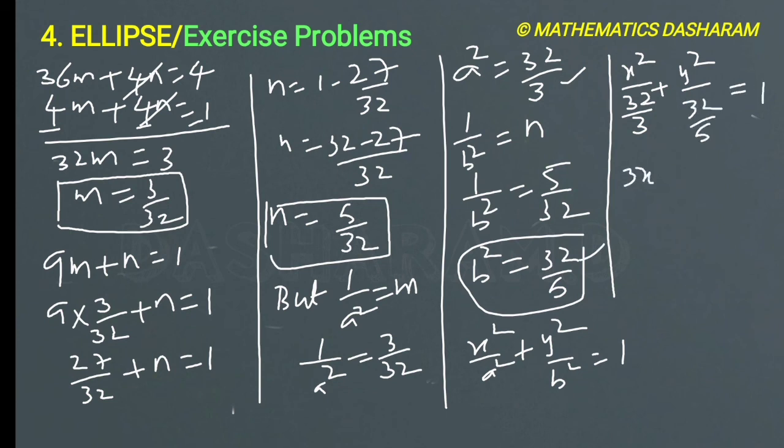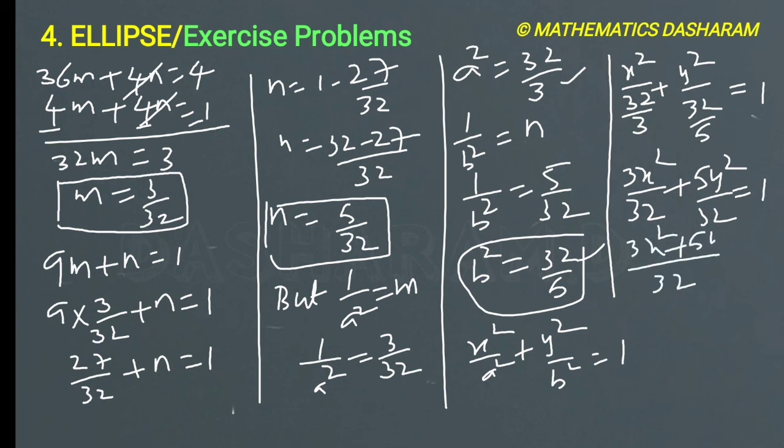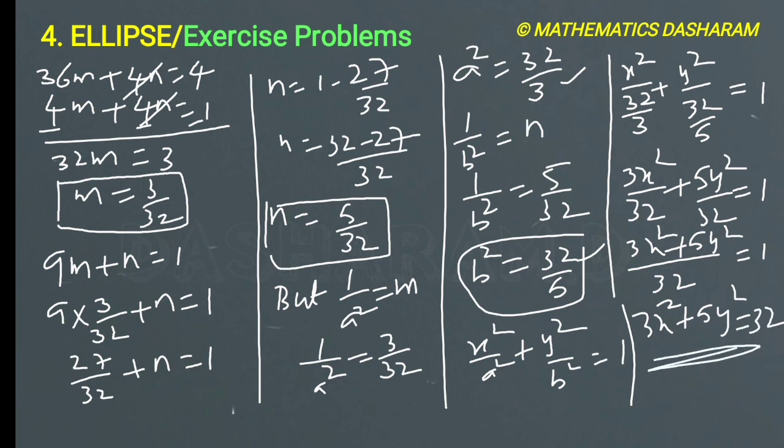So then 3x square divided by 32 plus 5y square divided by 32 equals 1. So the LCM is 32. So 3x square plus 5y square equals 32. This is our required answer.